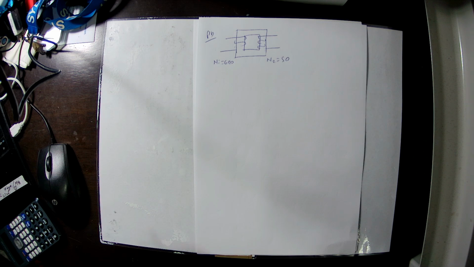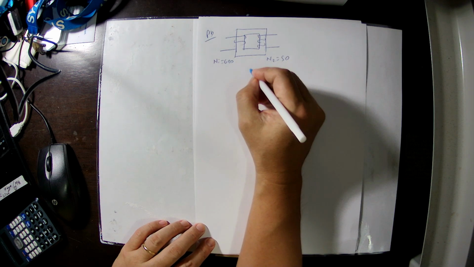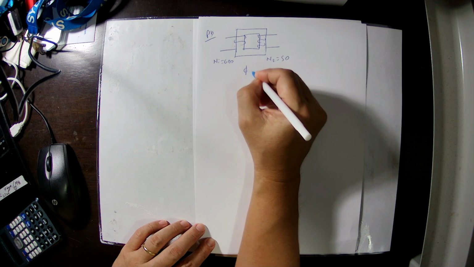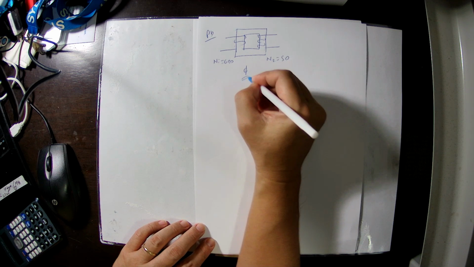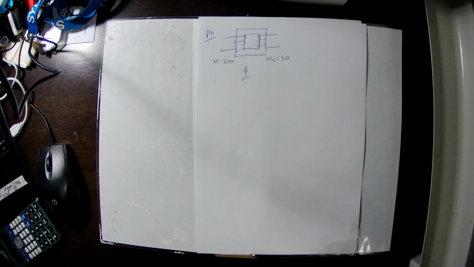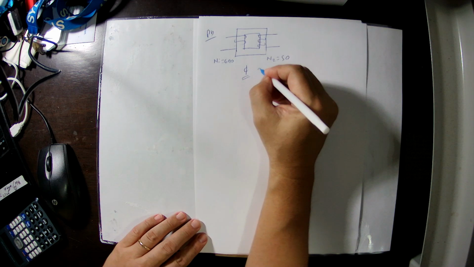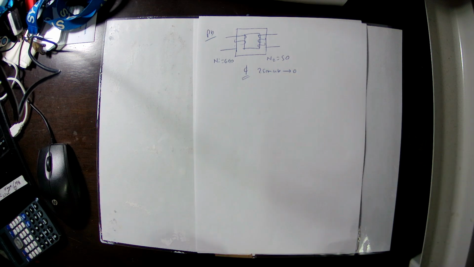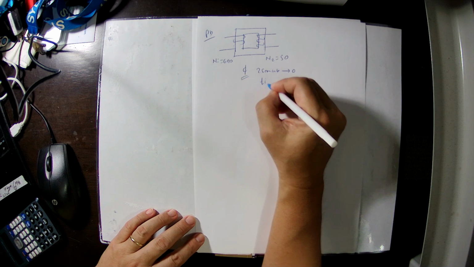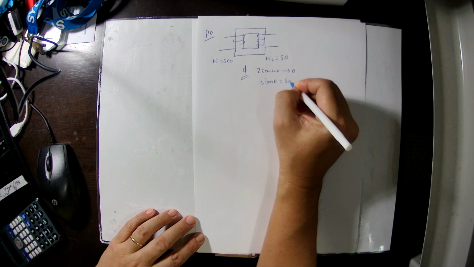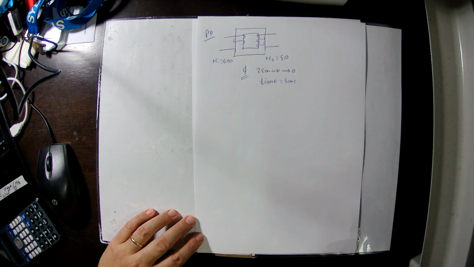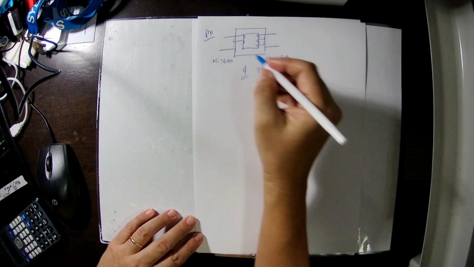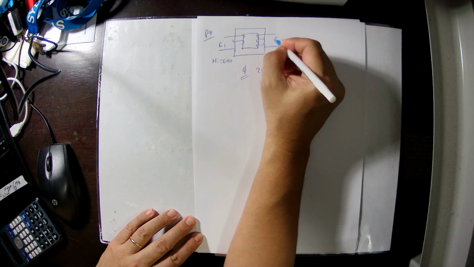So the flux changes from 25 milliweber to 0, and the time is 5 milliseconds. In this case, we can calculate the primary voltage E1 and secondary voltage E2.